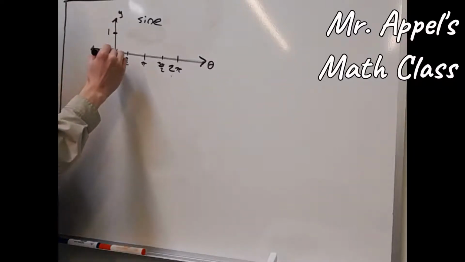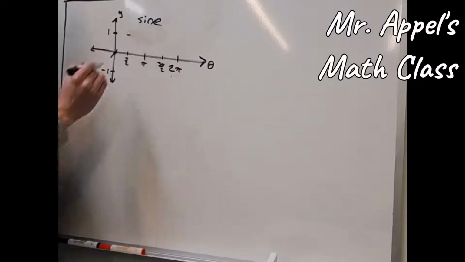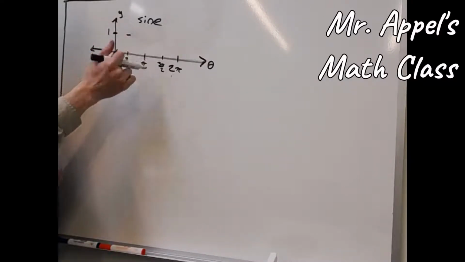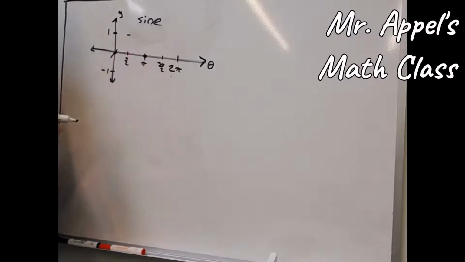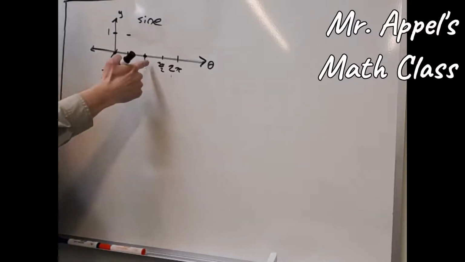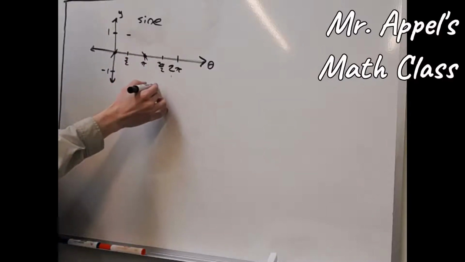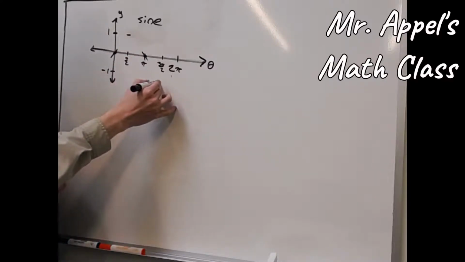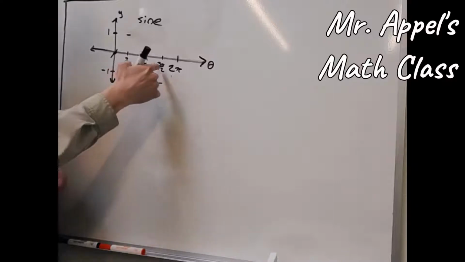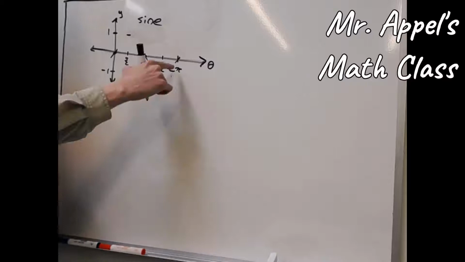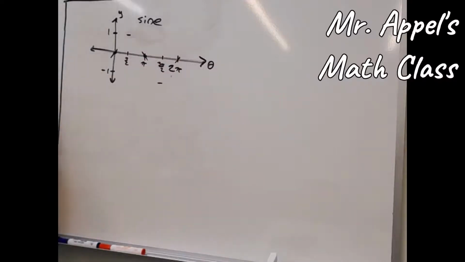It's going to go up and up to 1, meets a maximum at 1 at the pi over 2 mark, comes back down, equals 0 at pi. Continues on through, so we've got a negative slope there. Reaches a minimum here at -1 at 3 pi over 2, turns back around, goes back up, and repeats that positive slope through 2 pi.